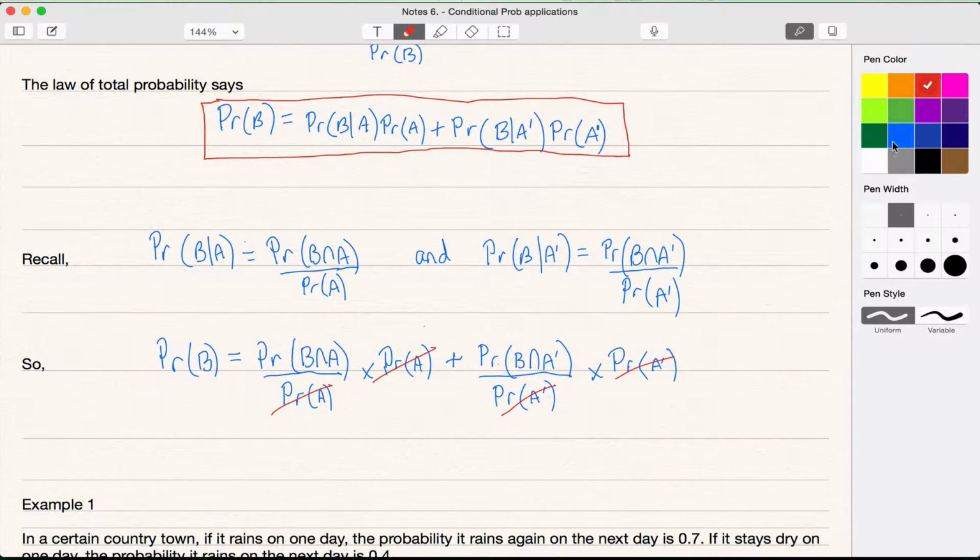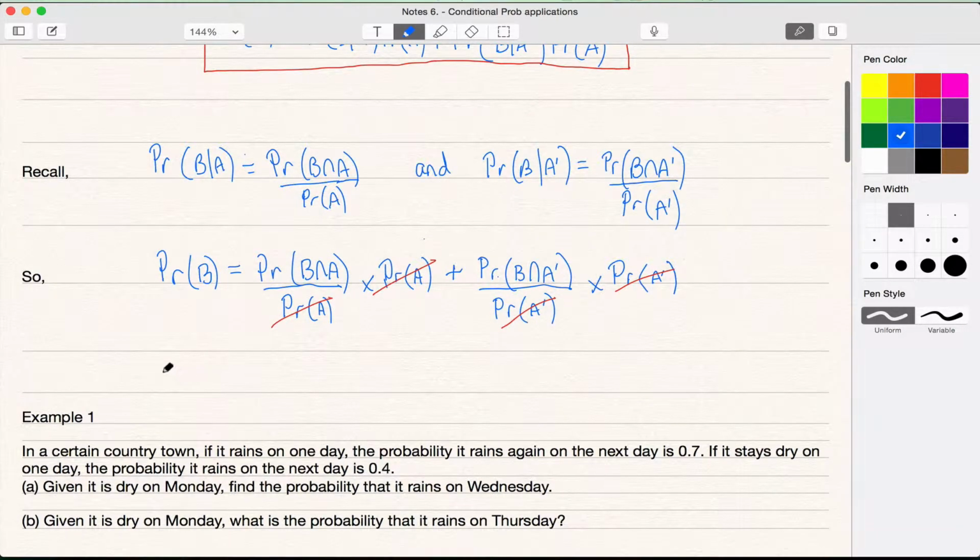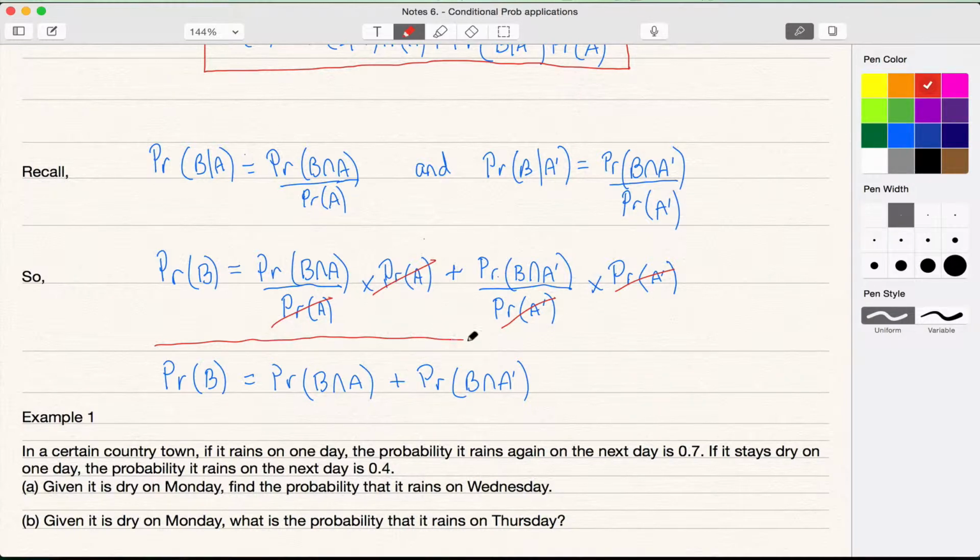Same with these two. So we end up with the probability of B is equal to the probability of B intersect A plus the probability of B intersect A dash. And that's another format for the law of total probability that you might find useful when you're solving some probability problems.